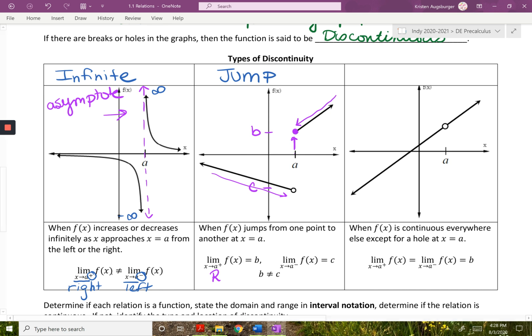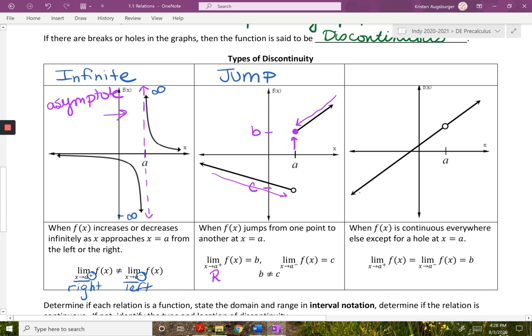So we have infinite, where when we come from whichever direction we're going towards infinity, as long as that's on at least one direction, that's going to be an infinite discontinuity. A jump, from the left or the right, will approach different values, and I think value B, but all take a jump.